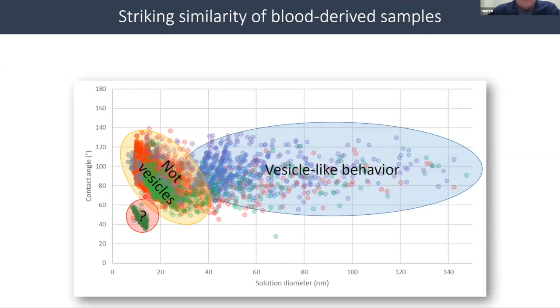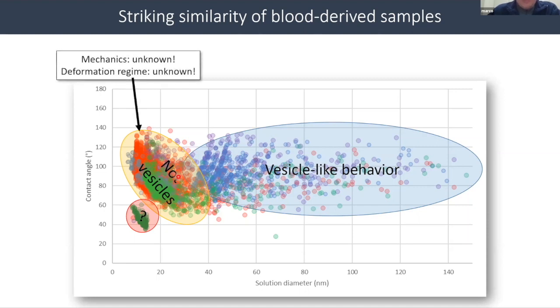Now I have to make a series of caveats on this scatter plot, because since we know that these are not vesicles, all the stuff I've talked about earlier is not applicable, strictly speaking, okay? We don't know if they have a stiffness, we don't know if they conserve their surface area once they are deposited.